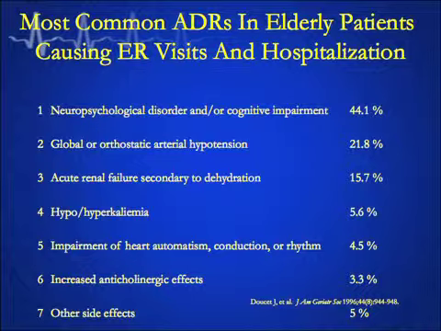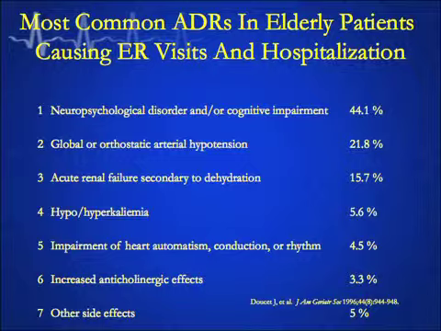According to a study published in the Journal of the American Geriatrics Society, these are 6 common reasons, in some way related to adverse drug reaction, for which patients visit the emergency room and get admitted to the hospital.